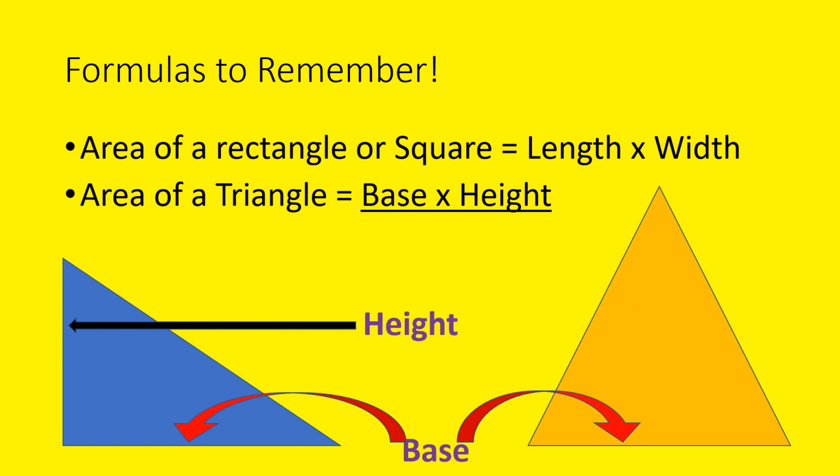It's just from the bottom to the top, from the base up to the tallest point. But when we have an equiangular triangle like the one on the right, a lot of times, don't get tricked, they will put a dashed line right down the middle, and that is going to be our height. So no matter where you see it, we're going to take the base times the height, and then we're going to divide it by 2.